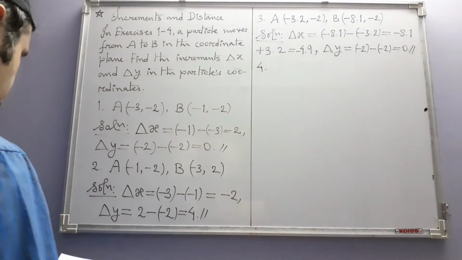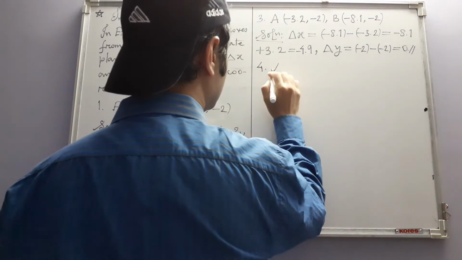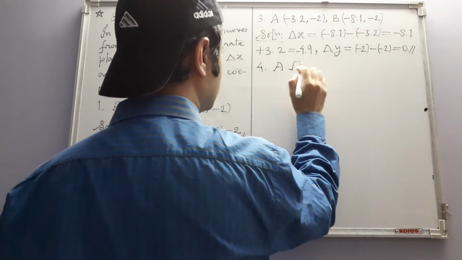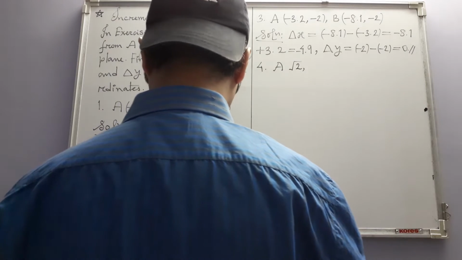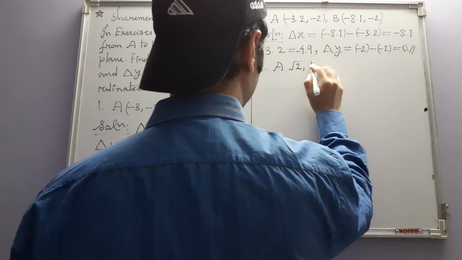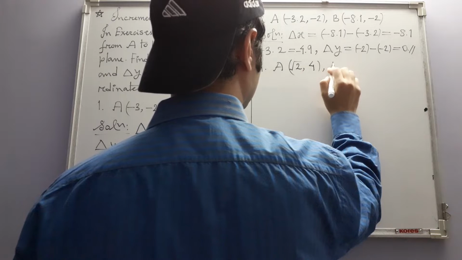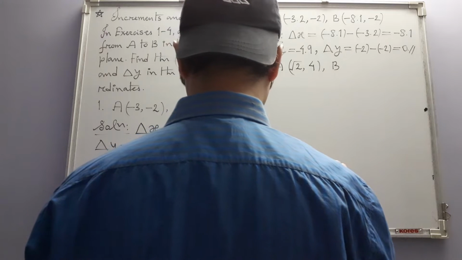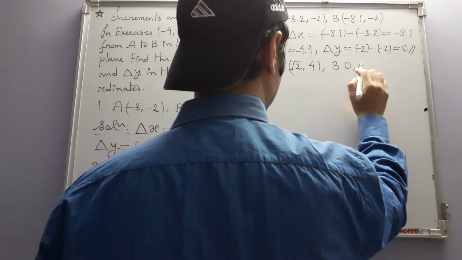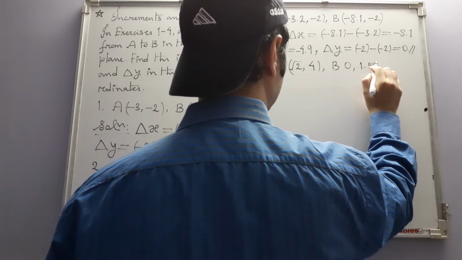And number 4, A has the coordinates square root of 2, 4, and B has the coordinates 0, 1.5.